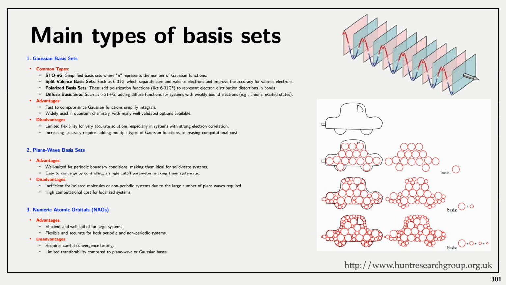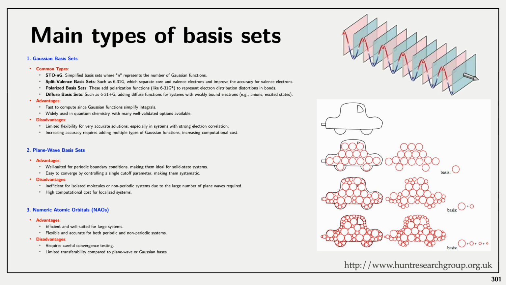You have to be careful about the convergence. They are not super well transferable, but they are very efficient. So very often when you do a solid state calculation, if plane waves do not allow you to do the calculation, the numerical atomic orbitals, also known as LCAO, so linear combination of atomic orbitals, will be your friend.